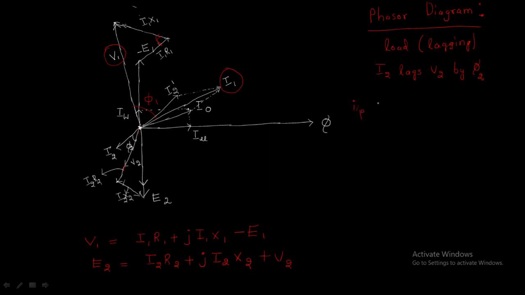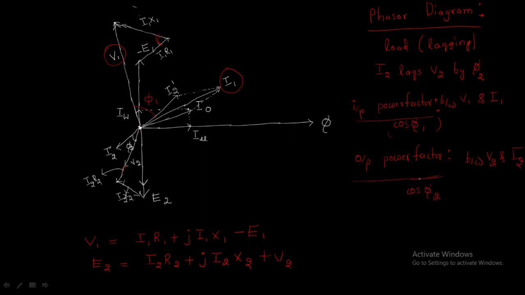We can write input power factor is between V1 and I1, and it is cos phi 1. Next, output power factor is between V2 and I2, and that is represented with cos phi 2.